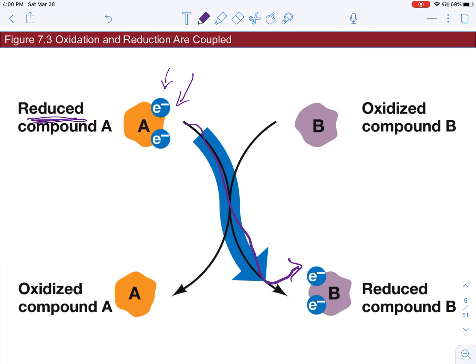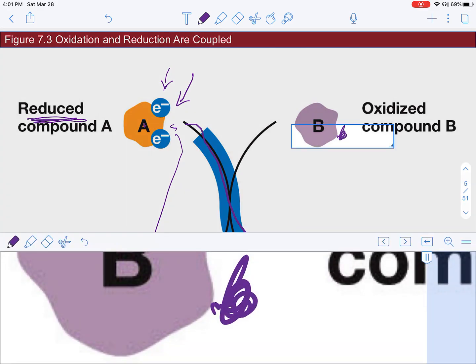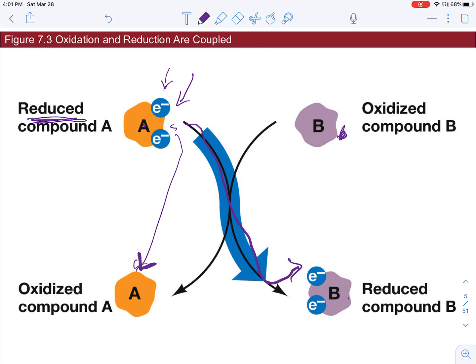So here the electrons have gone from A to B. When the electrons leave a compound, it's called oxidized. So a compound that doesn't have the electrons is oxidized. A compound that has the electrons is reduced. So here you have compound B, which is oxidized, and then when it picks up these electrons, it becomes reduced, right?